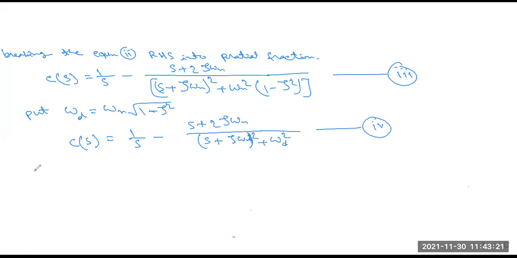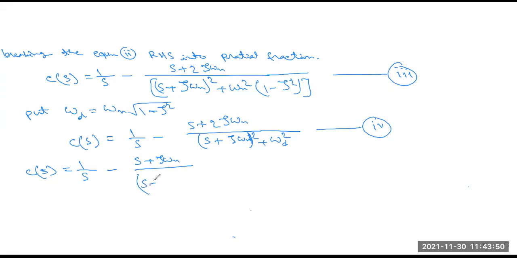So now this equation we have to take the Laplace transform of. First we have to rewrite this equation in that pattern, that is separate 1 by s minus (s plus zeta omega n). Here 2 zeta omega n, so we have to divide it 1 by 1 because we have to rewrite this equation using the formula. We have to apply the inverse Laplace transform.